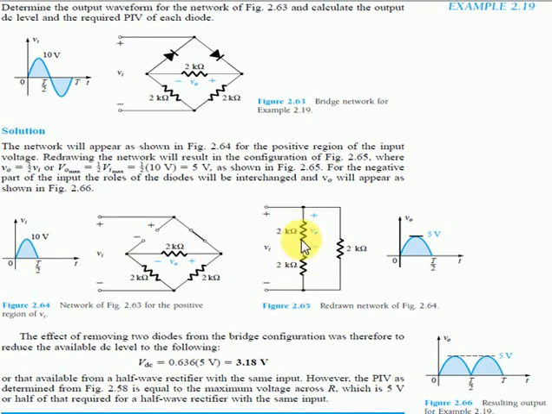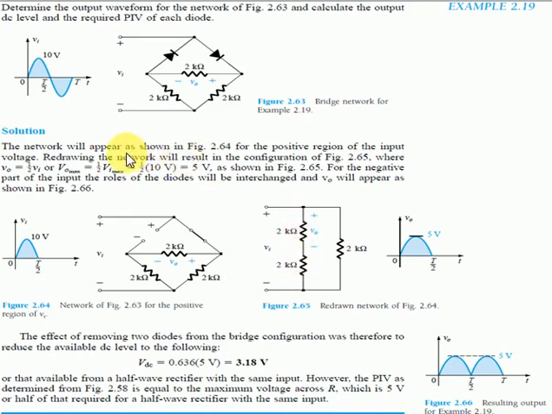If 10 volt is for these two resistors, then this 10 volt is also for this resistor. So if 10 volt is for the 2 kilo ohm resistor, then for these 4 kilo ohm resistors, what will be the value? This 10 volt is divided between these two. It has 5 volt and this also has 5 volt.